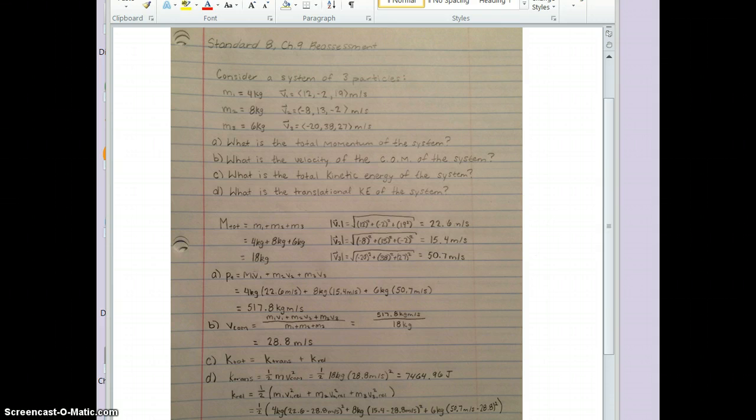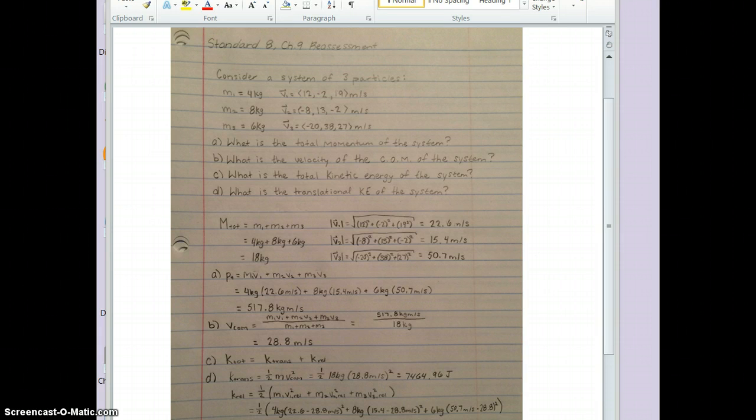C is, what is the total kinetic energy of the system, and to figure that out, we have the kinetic energy total is equal to the translational kinetic energy and the rotational kinetic energy. We know that kinetic energy is equal to 1/2 mv squared, and the translational is simply 1/2 m times v of the center of mass squared.